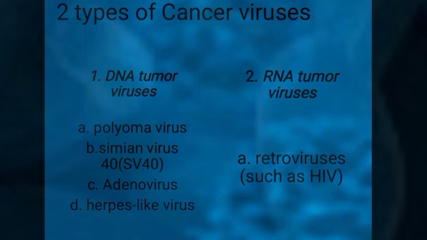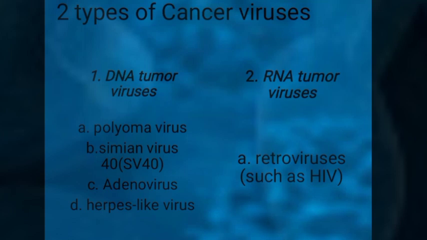Another is simian virus 40 or SV40, a DNA virus that causes brain cancer, for example, malignant mesothelioma, a cancer of the tissue in the thin layer that covers the majority of internal organs. Another is adenovirus, which causes respiratory illnesses such as common colds or flu-like symptoms. Lastly, herpes-like virus that causes pimples, bug bites, and blisters.